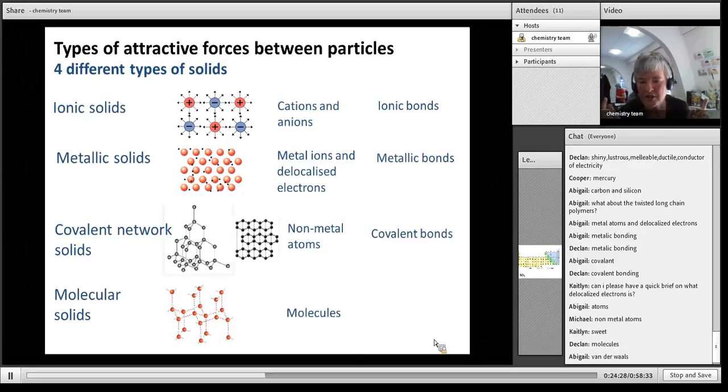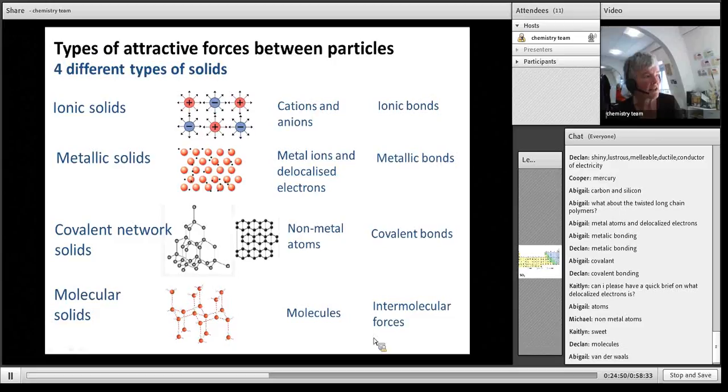So the immediate question is, what bonds are you talking about? The covalent ones within the SO2 molecule, or the intermolecular forces between the SO2 molecules? So just make sure you're always very clear, very specific. Okay, so intermolecular forces or van der Waals, both are fine.